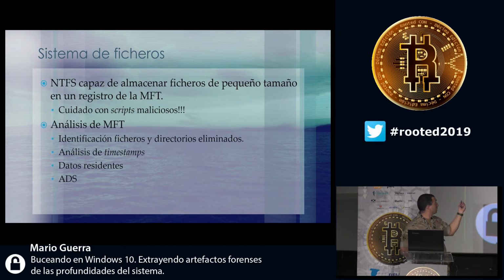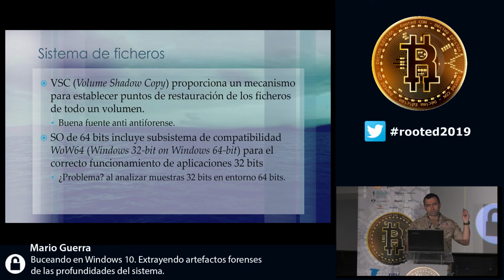In ADS we can find a lot of malware that may be hidden there. We also have the volume shadow copies, and the analyst needs to try to get information from them, even though most attackers will try to get there so that you don't get information. In fact, WannaCry killed part of the volume shadow copies.